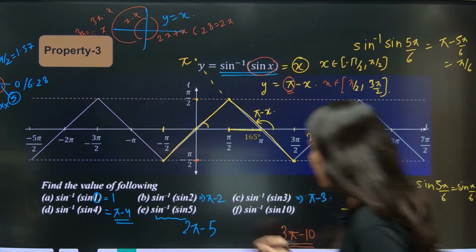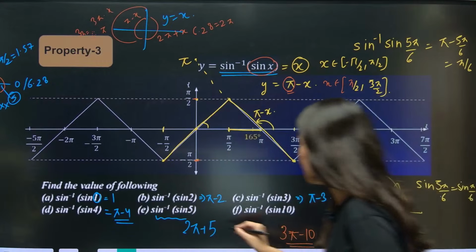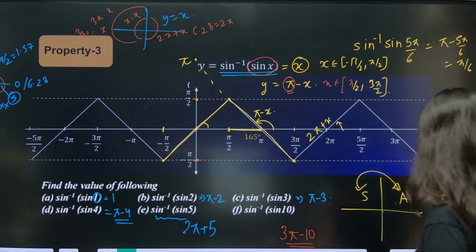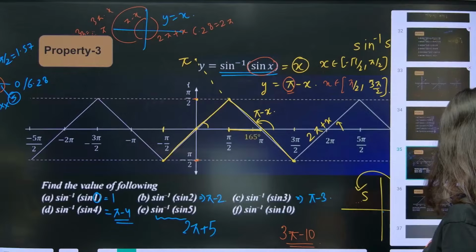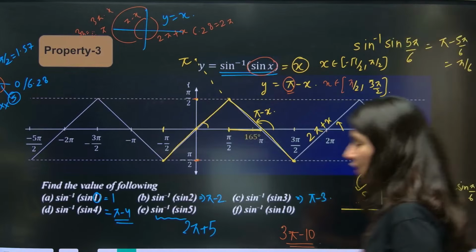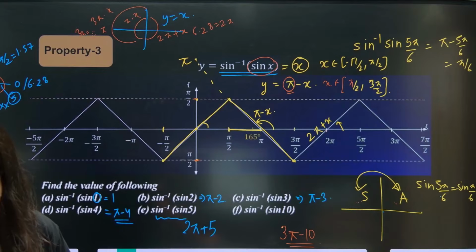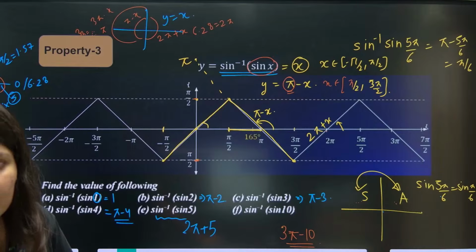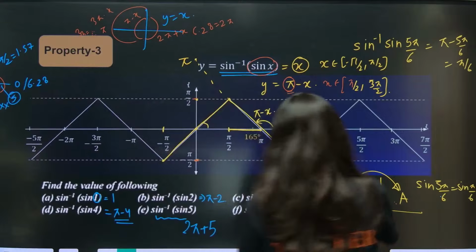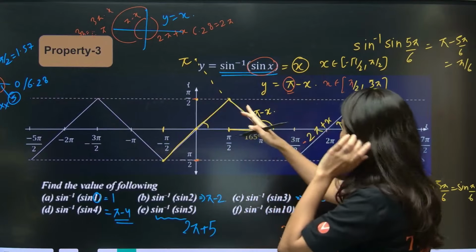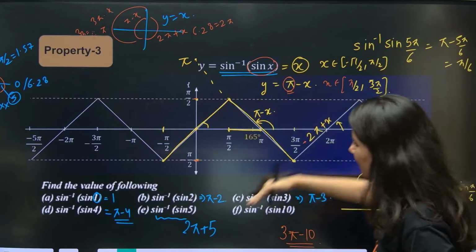2 pi plus 5, yes, 2 pi plus 5. Got it? Have a look. Hold on, this is minus 2 pi, okay? Sorry. This is pi, minus 2 pi, no? Yes, this is minus 2 pi.